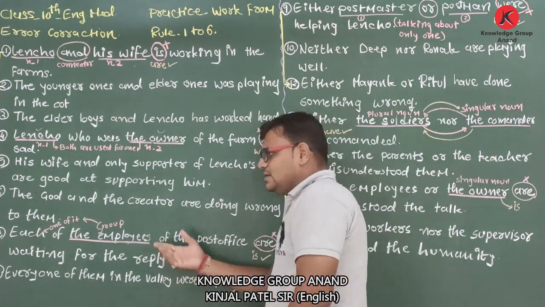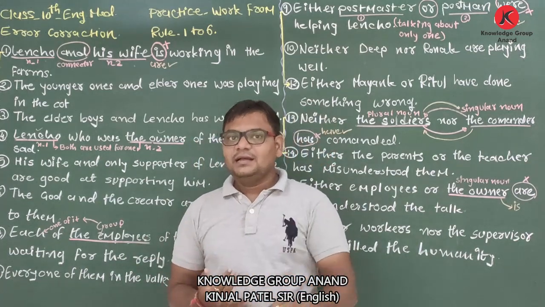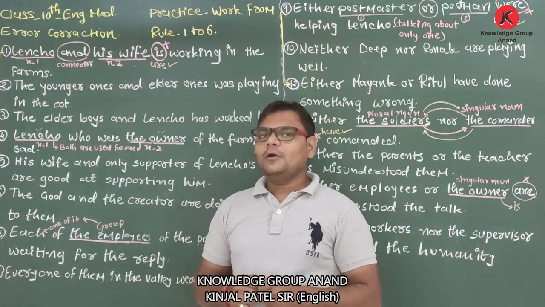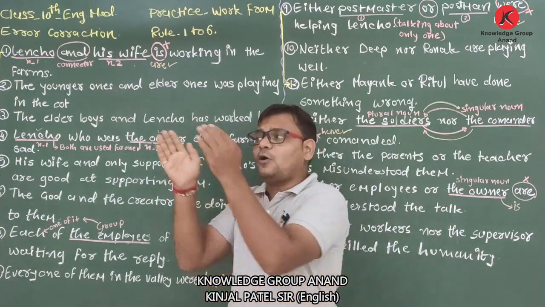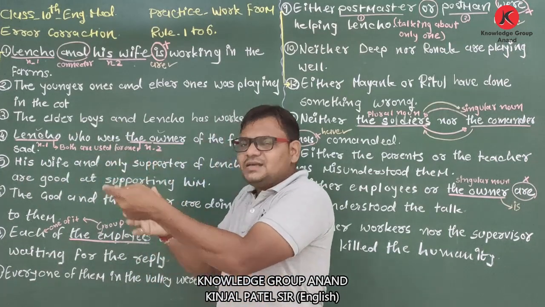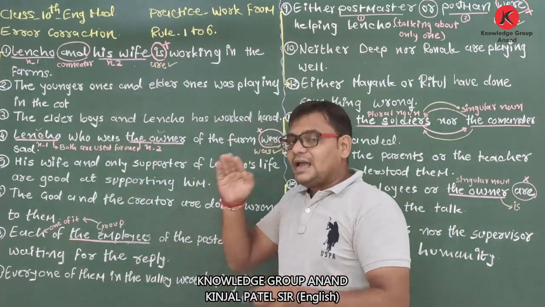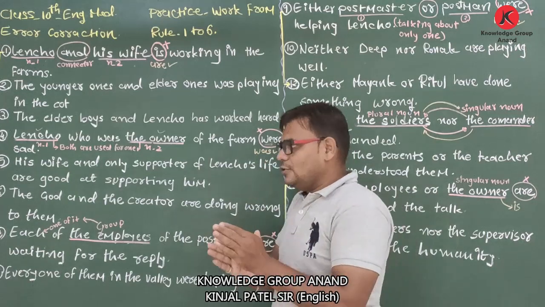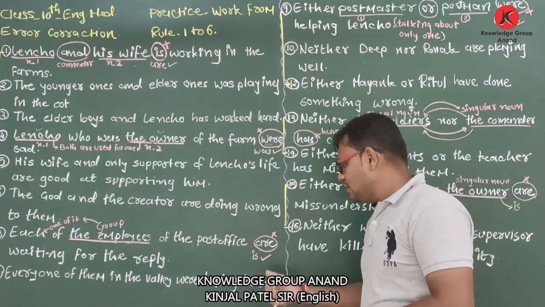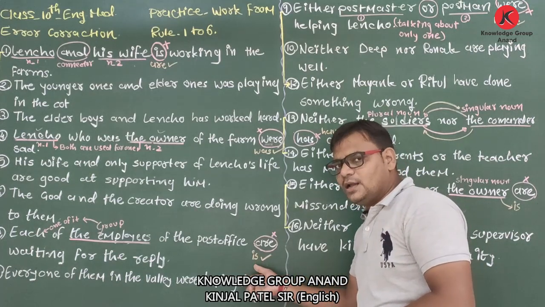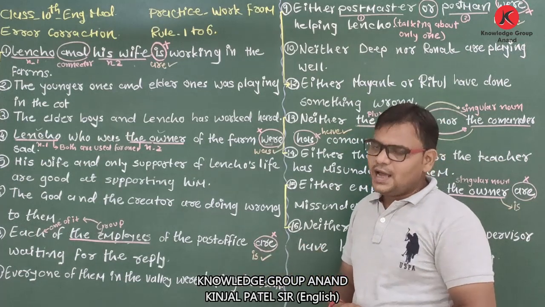But before this noun, if we put each or every, then we are talking about only one person, or individuals from that group. उस ग्रुप में से हम किसी एक इंडिविजुअल के बारे में बात कर रहे होते हैं. In that case, according to rule number 3, you have to put the singular form of a verb over here. यहाँ पे आपको singular form यूज करना है.